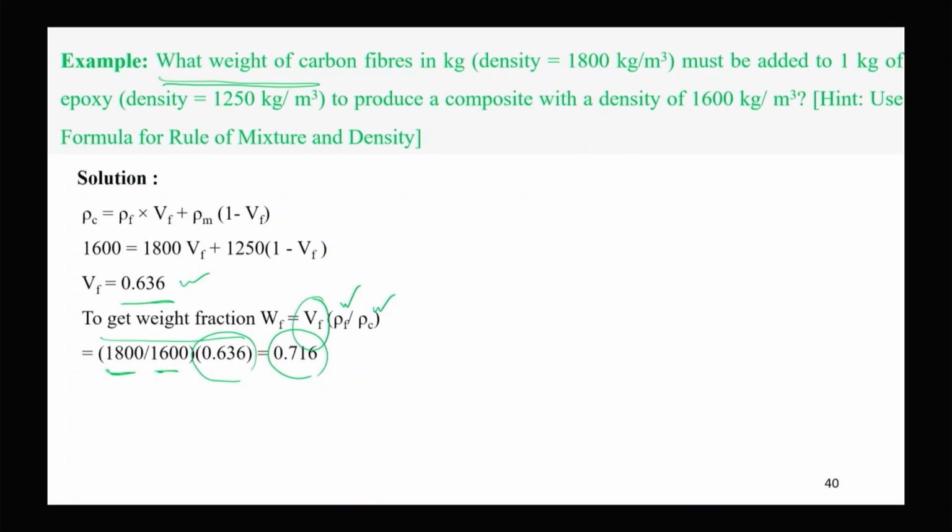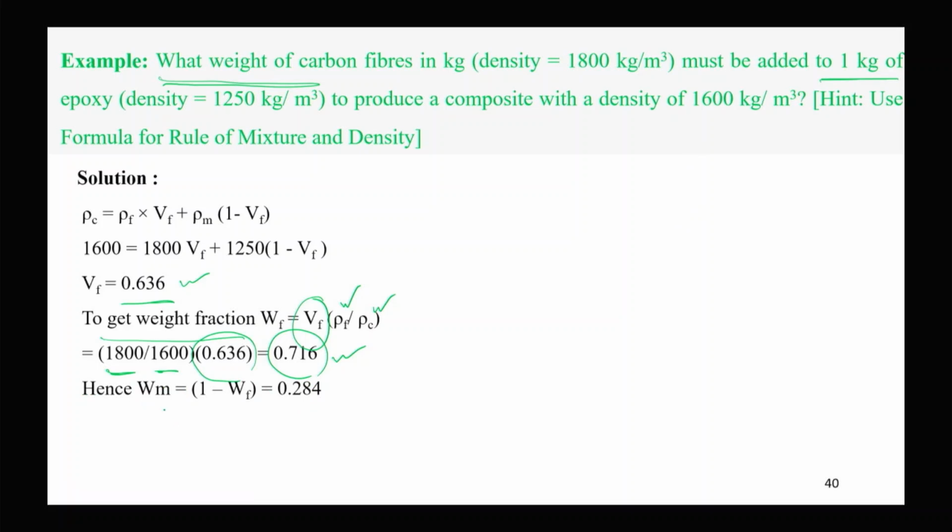0.716 is the weight fraction of carbon fiber, and here 1 kg of epoxy is used. So for 1 kg epoxy, what will be the weight of the carbon fiber?